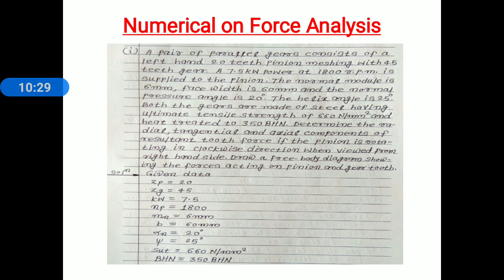Read it. A pair of parallel helical gears consists of a left hand 20 teeth pinion meshing with a 45 teeth gear. A 7.5 kilowatt power at 1800 rpm is supplied to the pinion. The normal module is 6 millimeter, face width is 60 millimeter, and the normal pressure angle is 20 degree. The helix angle is 25 degree. Both the gears are made up of steel having ultimate tensile strength of 660 and heat treated to 350 BHN.